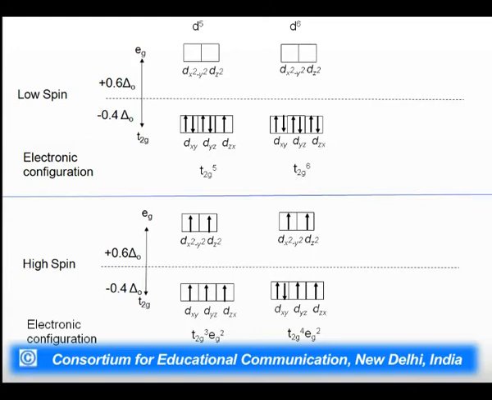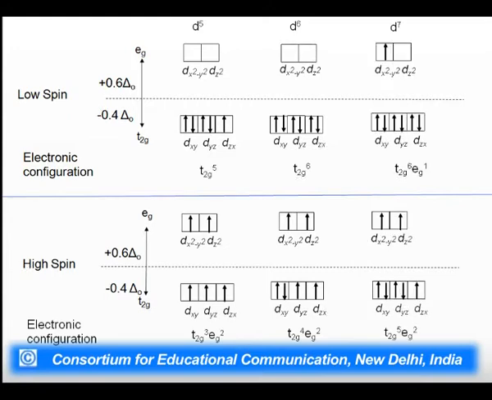In a D6 case, in a low spin case, the electronic configuration is T2G6, whereas in a high spin case, it is T2G4 Eg2. In a D7 case, in a low spin case, the configuration is T2G6 Eg1, whereas in a high spin case, it is T2G5 Eg2.